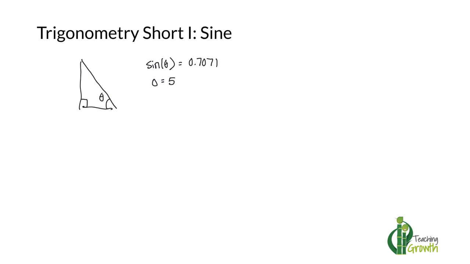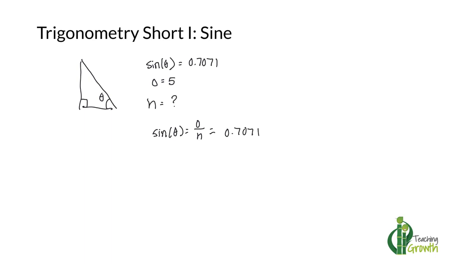Now it wants us to solve for the hypotenuse leg. What would the hypotenuse leg be? Well, let's take our equation really quick. We remember SOH in SOHCAHTOA, so we remember that sine of theta equals the ratio between opposite and hypotenuse, and in this case, they told us it's equal to 0.7071.